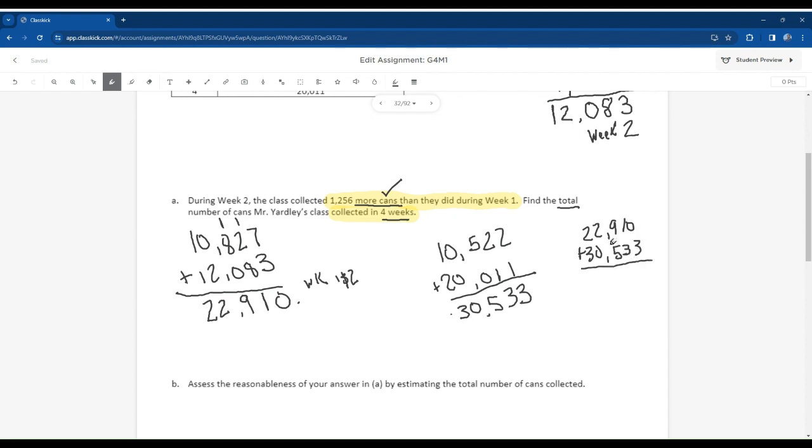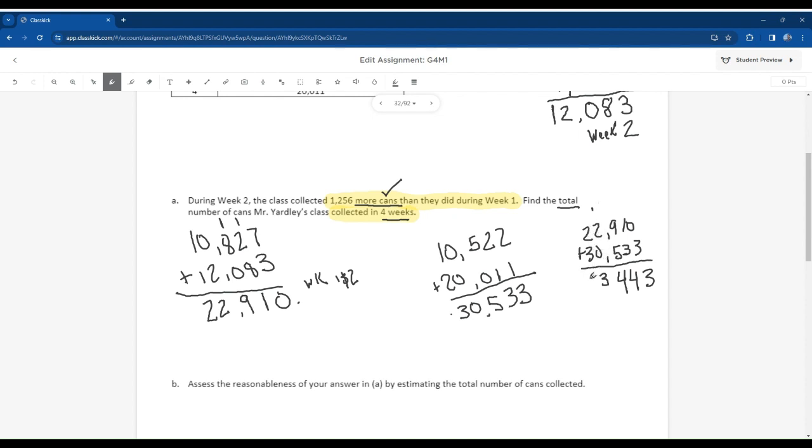In this case, they have the same number of digits, so we're in a good spot. 0 plus 3 is 3. 1 plus 3 is 4. 9 plus 5 is 14. 1 plus 2 is 3, plus 0 keeps it at 3.